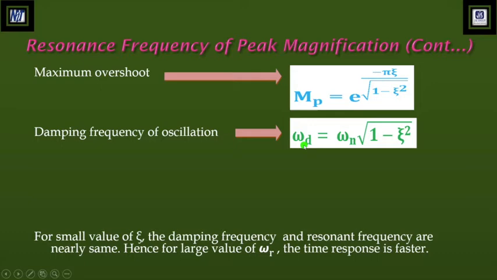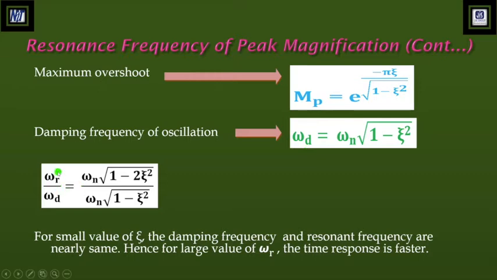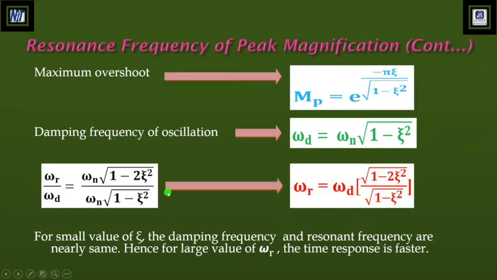These Mp and omega d were already calculated from time domain analysis. So omega r divided by omega d gives this result. Then from this equation, omega r is equal to this. This is the correlation between time and frequency response system.